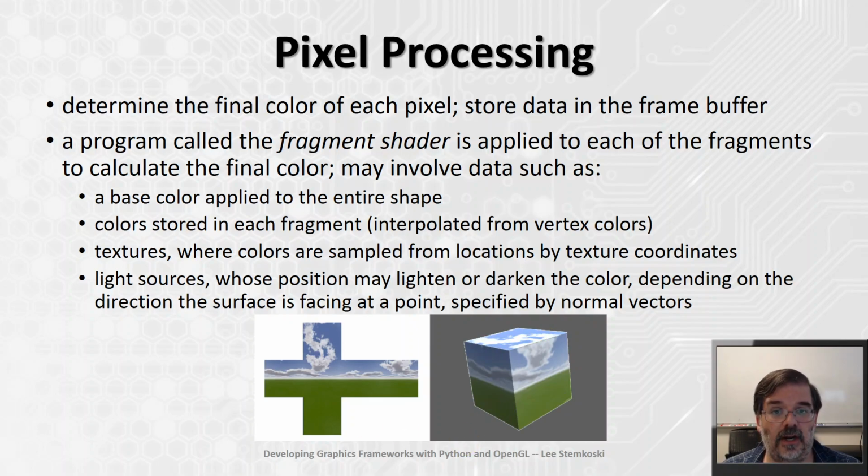Finally, the fragment shader might take into account light sources whose relative position or orientation could cause the colors to lighten or darken depending on the direction the surface is facing.